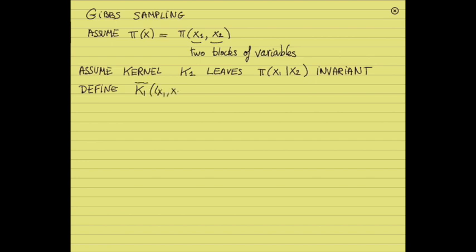From that, we can extend the Markov kernel K1 into a joint space of x1, x2. So we write K1 bar as a kernel that leaves the x2 component unchanged. So x2 prime will be equal to x2 with probability 1. That's a Dirac mass on x2.